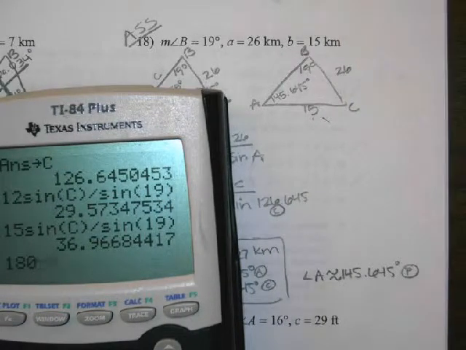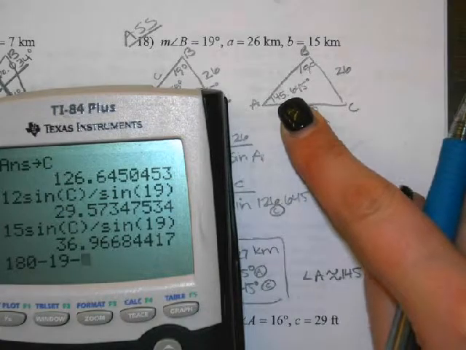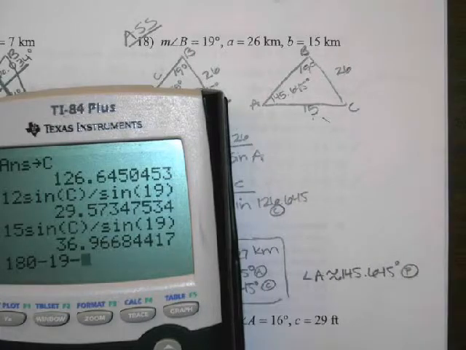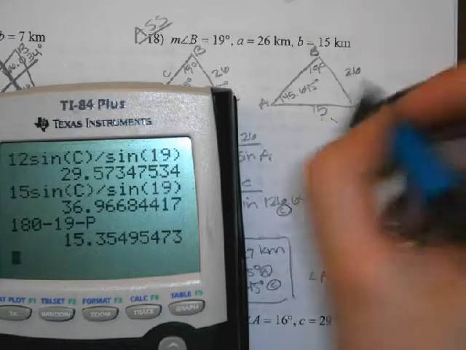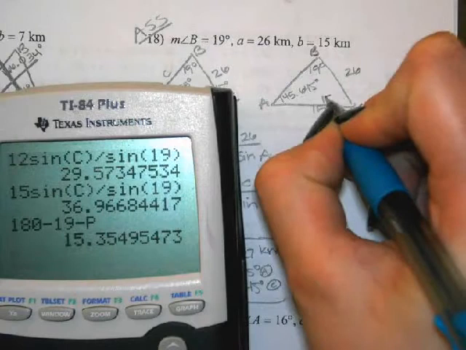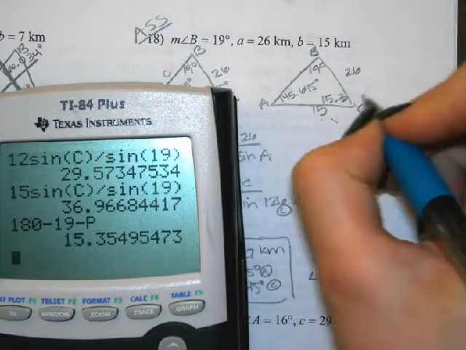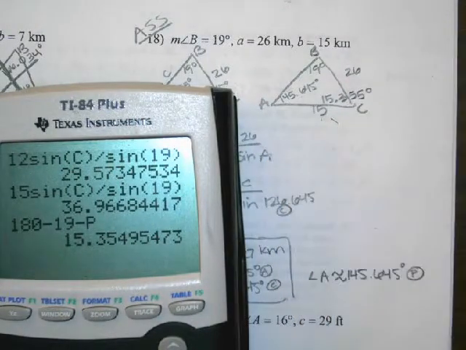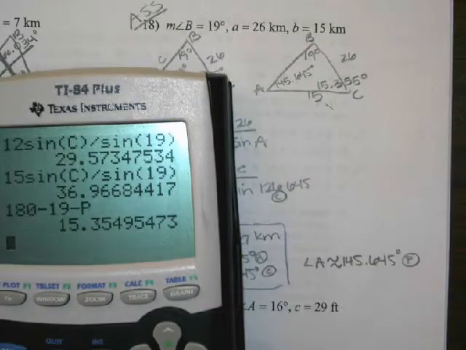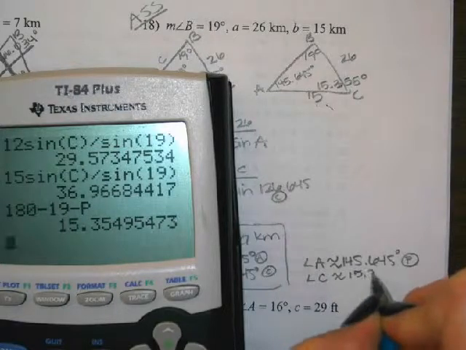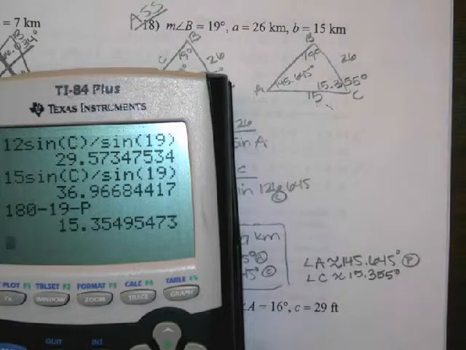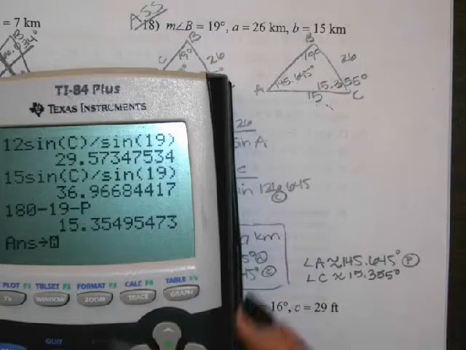So 180 minus 19 minus 145.645, which I stored in my calculator as P. So minus P. So we're going to say that that third angle is 15.355. And what letter do you guys want to store that as? Did you say D? Okay, so store as D.